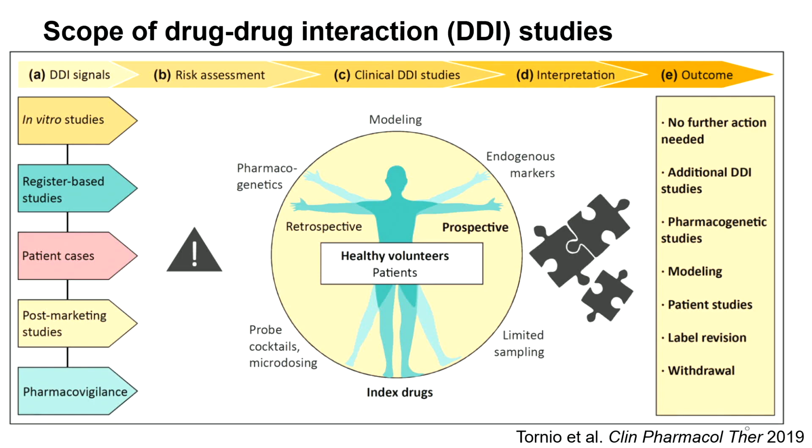But if we move on to how to study transporter drug-drug interactions clinically, of course we would like to perform clinical studies where we get an estimate of the pharmacokinetic effect and also understand the underlying mechanisms.